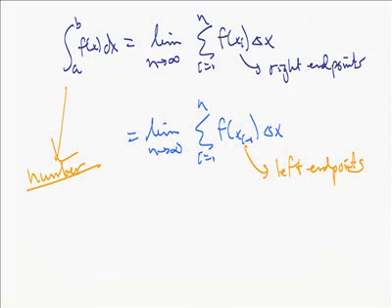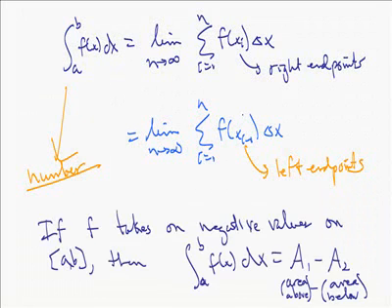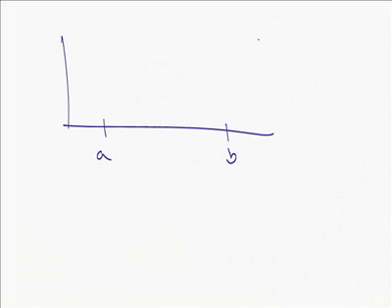If f is a negative valued function, which is to say if f takes on negative values on that interval from a to b, then we can think of the integral from a to b of f of x dx as a difference between the positive values, the areas above, minus the areas below. Okay, so there's a nice picture in the book there if you're looking at some function from a to b, f of x dx, and maybe it does something like that.